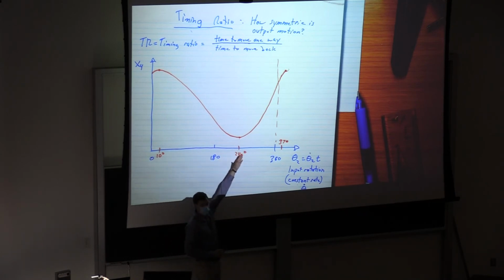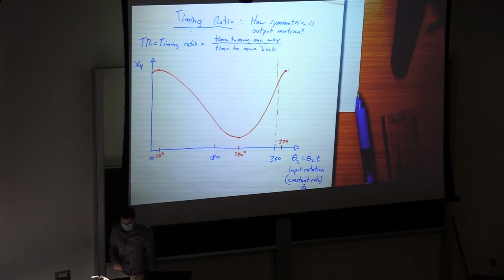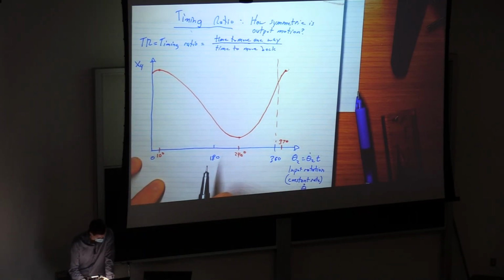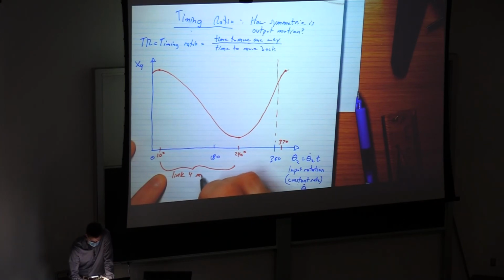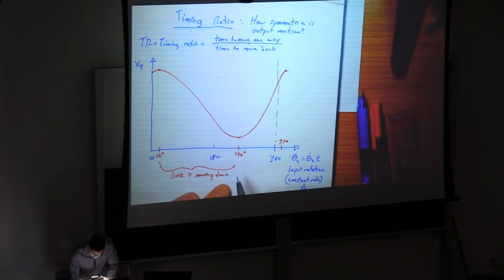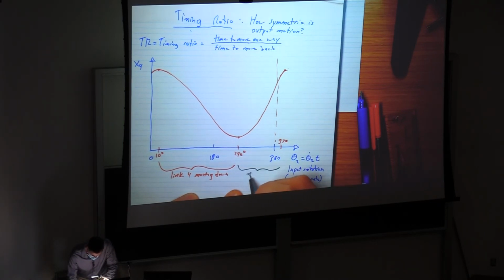During this section, was it moving up or down? Link 4, that's our output. I think it was moving down. And during the second phase of motion, from 240 to 370, it was moving up.